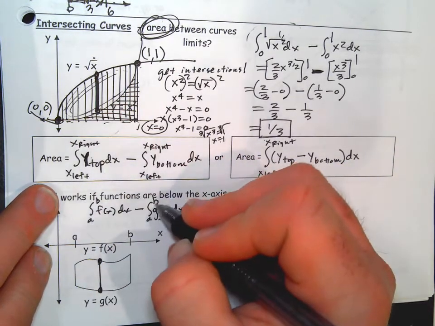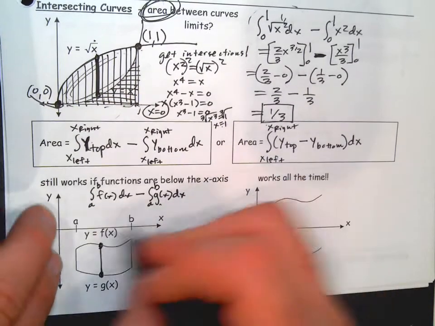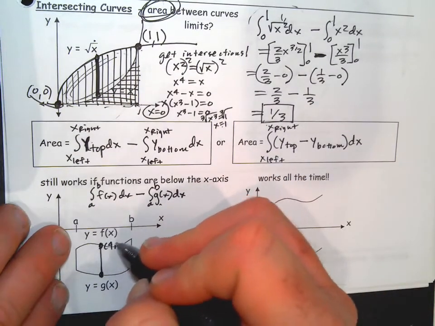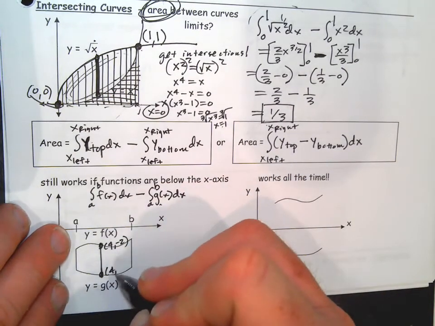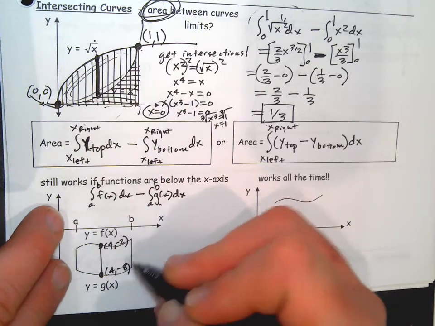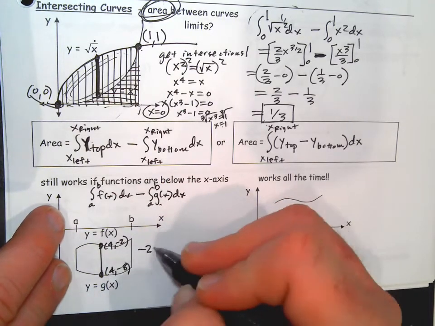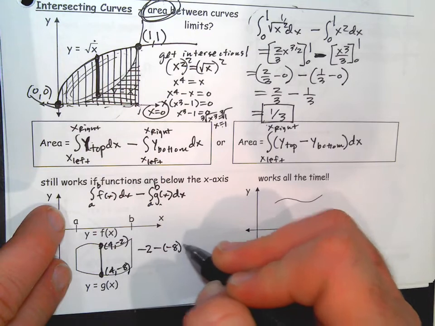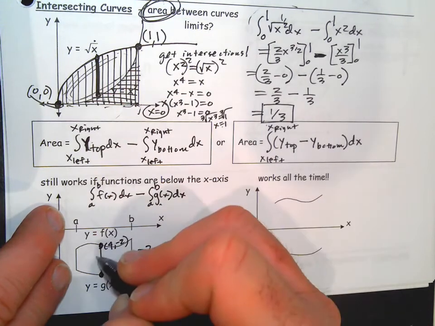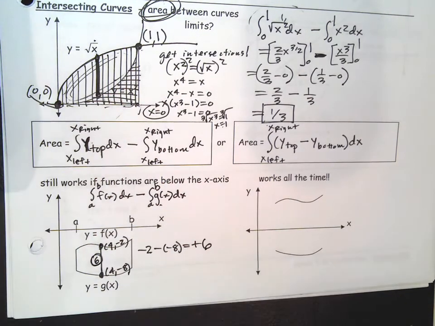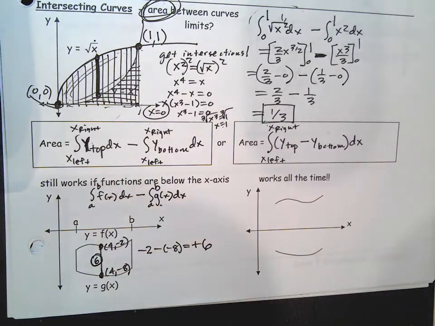Just as an example, say the coordinates of this point were (4, -2) and the coordinates of this one were (4, -8). If you do the top curve, -2, minus the y value of the bottom curve, -8, you would get positive 6. It's going to give you a positive height for your rectangles. You're going to get a positive answer, even if they're both negative.